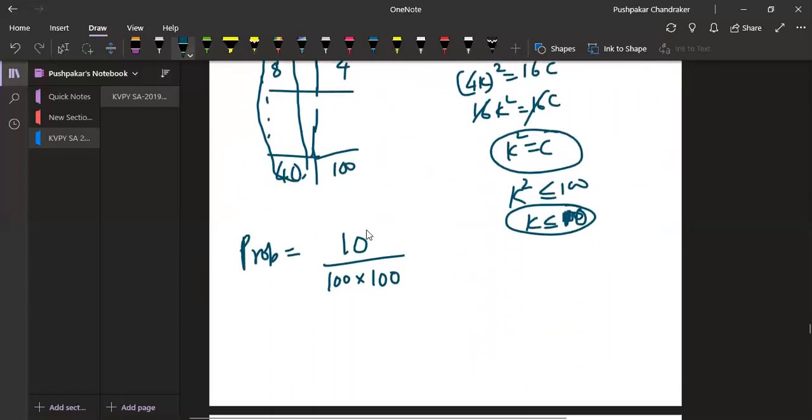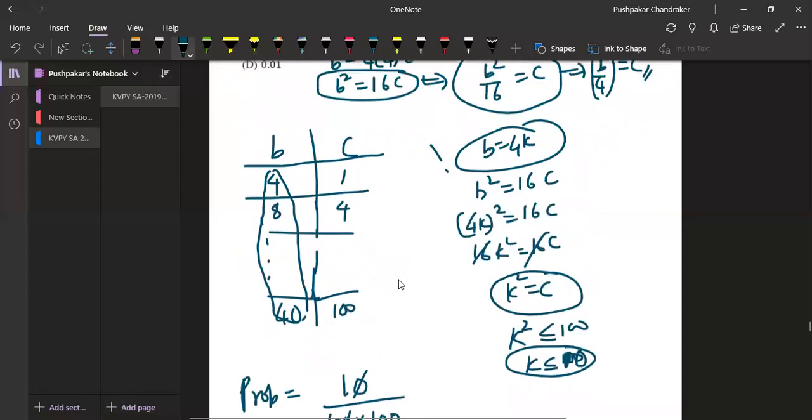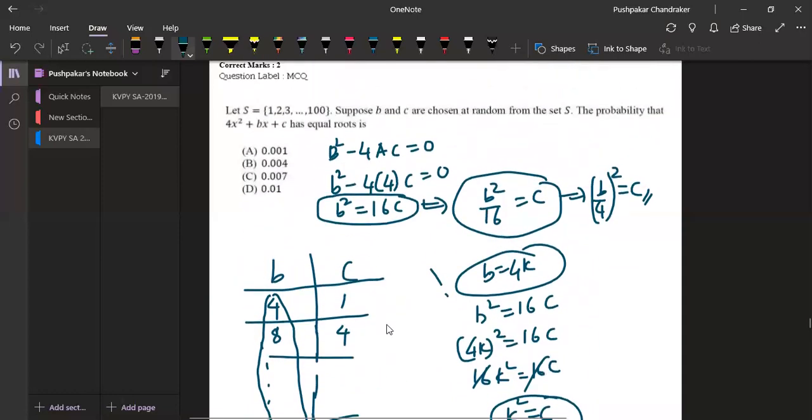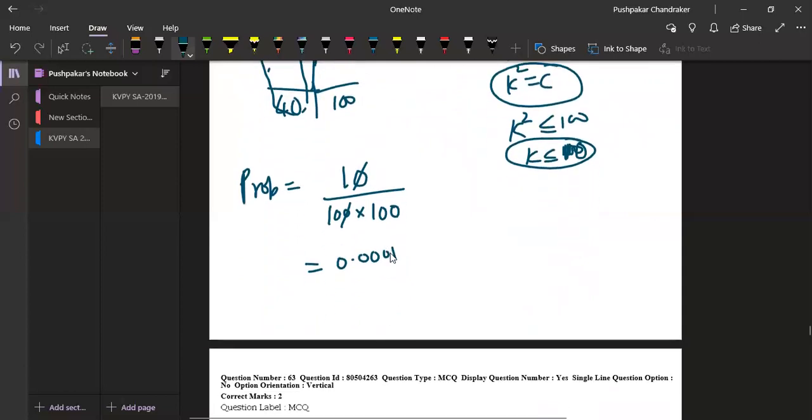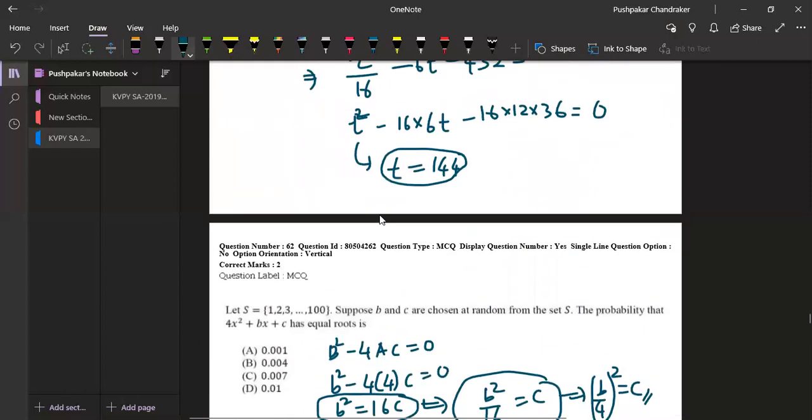So answer will be 0.0001. Right. Sorry, I did some wrong calculation. 10 won't be there, 1 will be there. Because below 3 zeros are there, which gives option A as the answer.